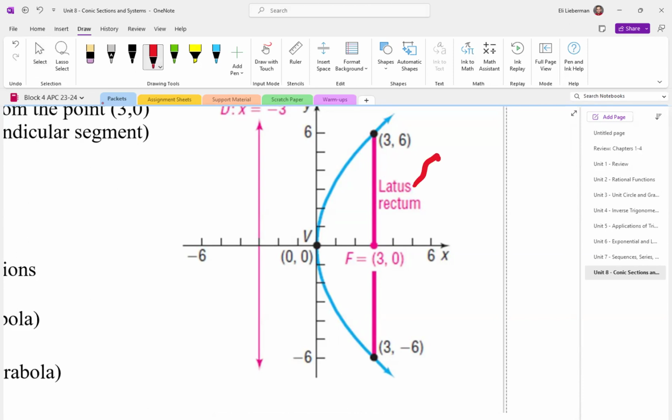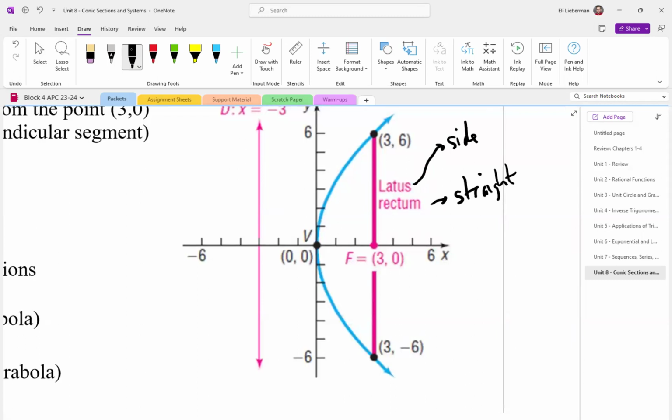Latus has to do with lateral. Oh, it does. Side. You were there. Rectum meaning straight.